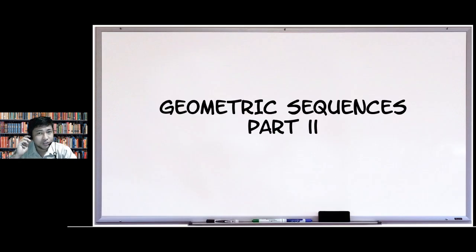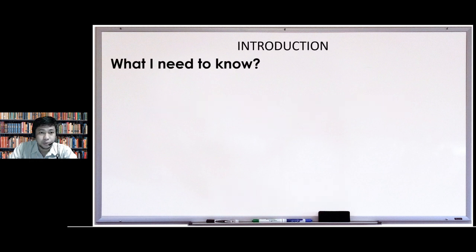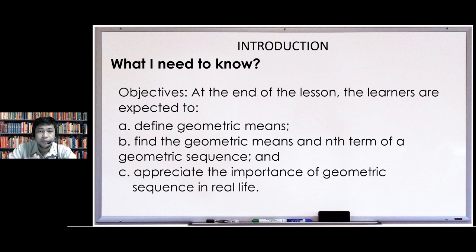So our lesson for this week, for the fourth week, is all about part 2 of the geometric sequences. To start with, allow me to give you the objectives for this week's lesson.